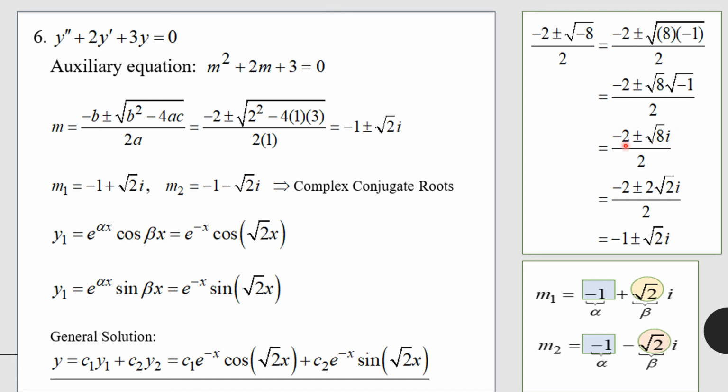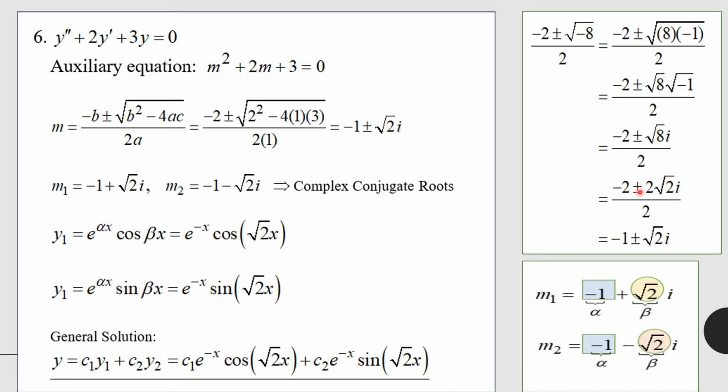So we get negative 2 plus or minus the square root of 8 multiplied by i, divided by 2. Now this square root of 8 can be further simplified into 2 square root of 2, because the square root of 8 is the same as the square root of 4 multiplied by 2. Now the square root of 4 is 2, because 4 is a perfect square. And then the square root of 2. So 2 square root of 2.